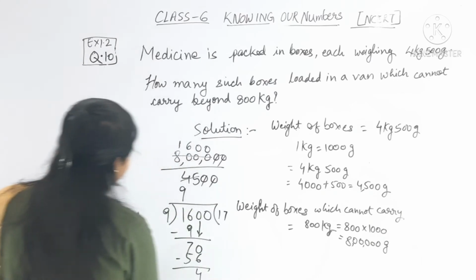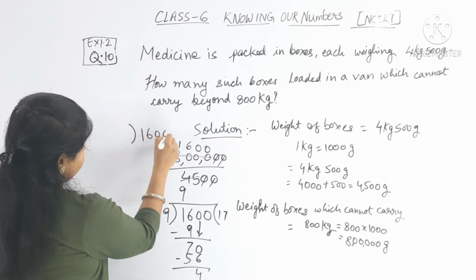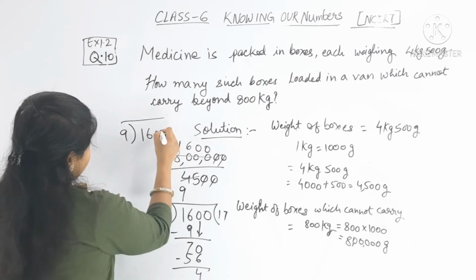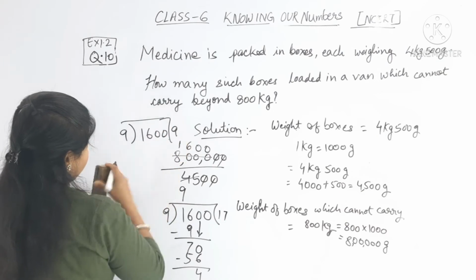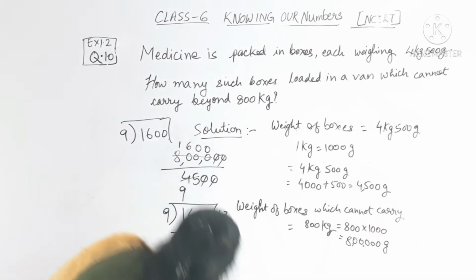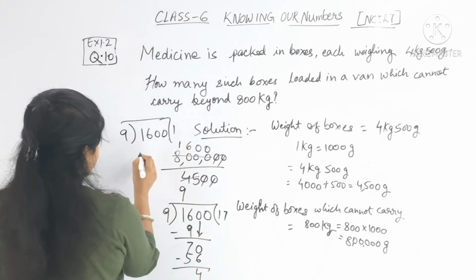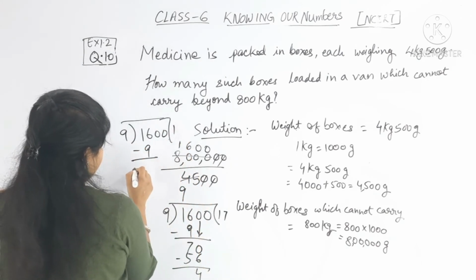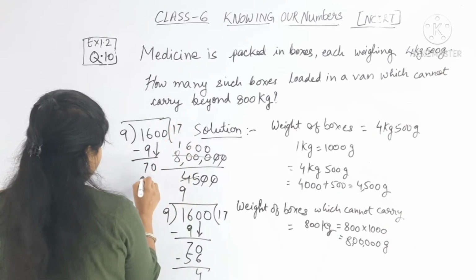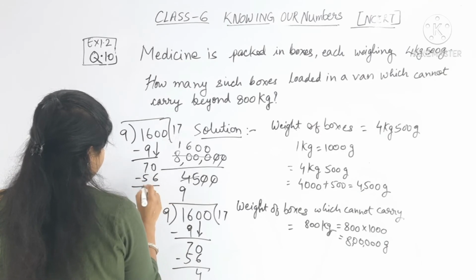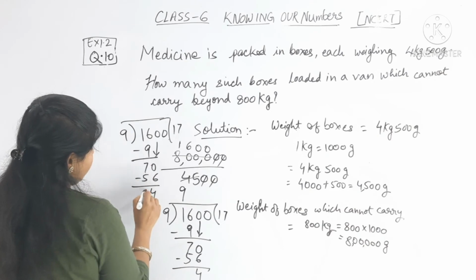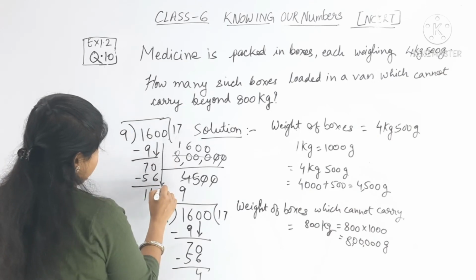I am writing here four, and this one will be 6 minus 1 is 5. 140.